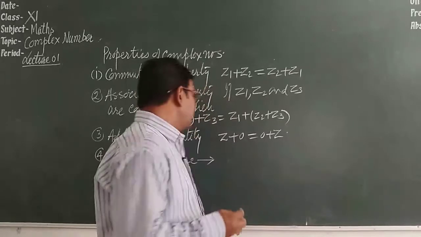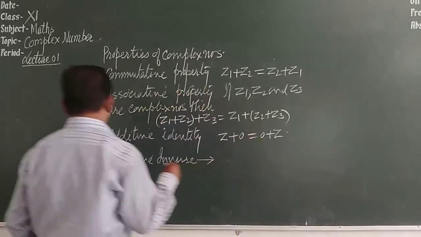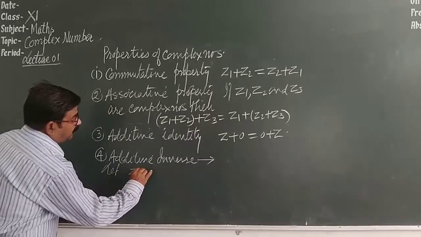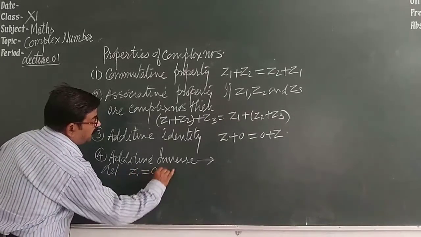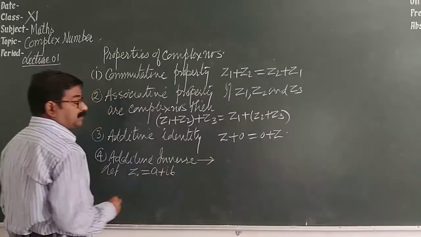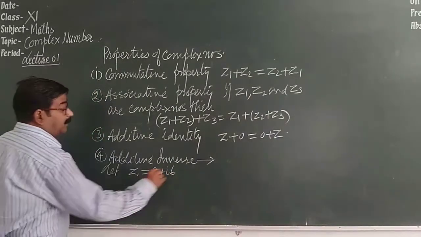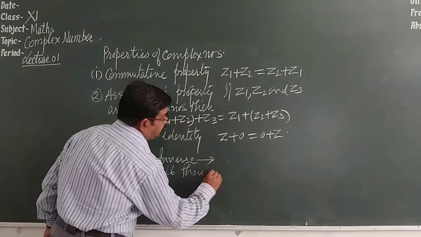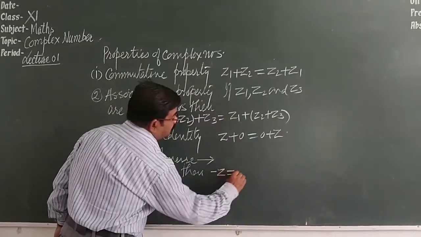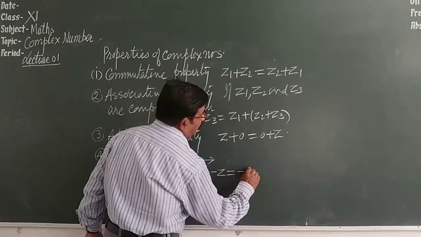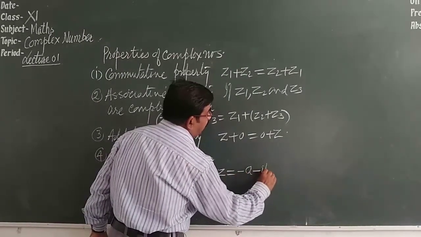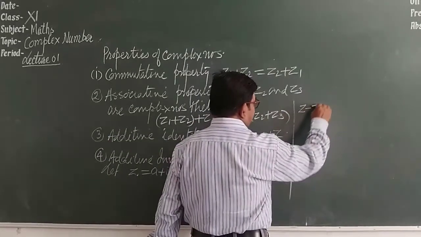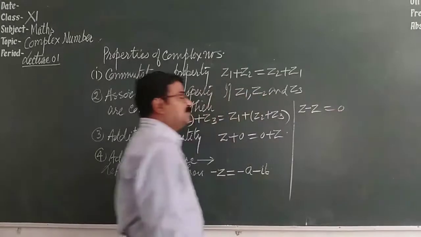In the same manner, let z is equal to a plus ib, then minus z is equal to minus a minus ib, means z minus z is equal to 0.